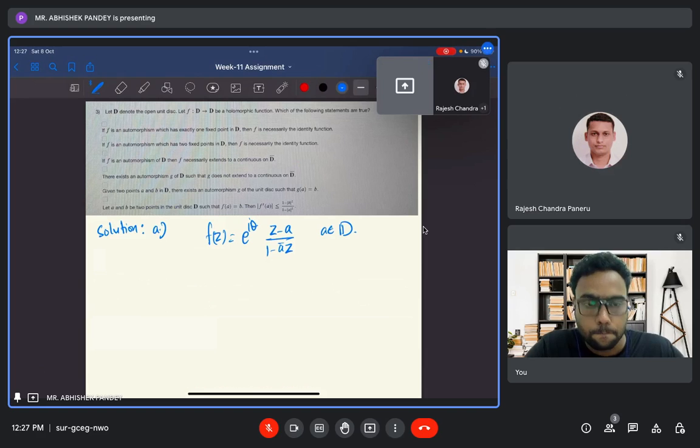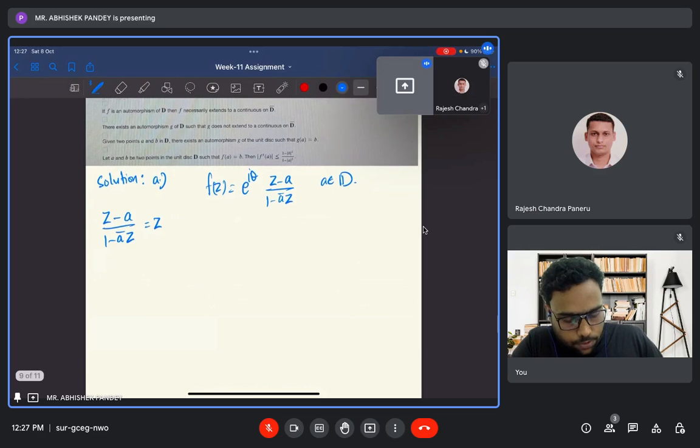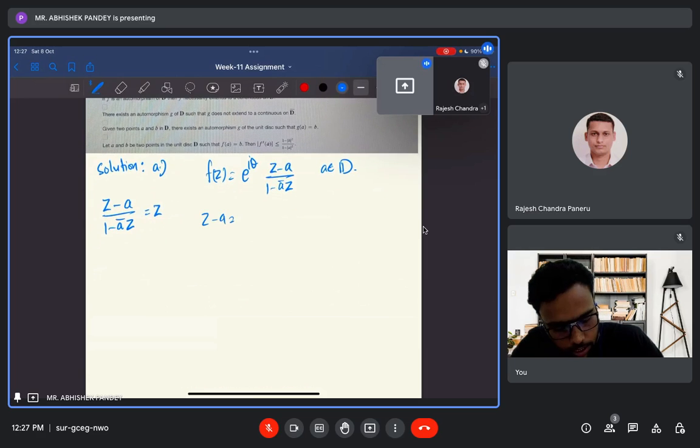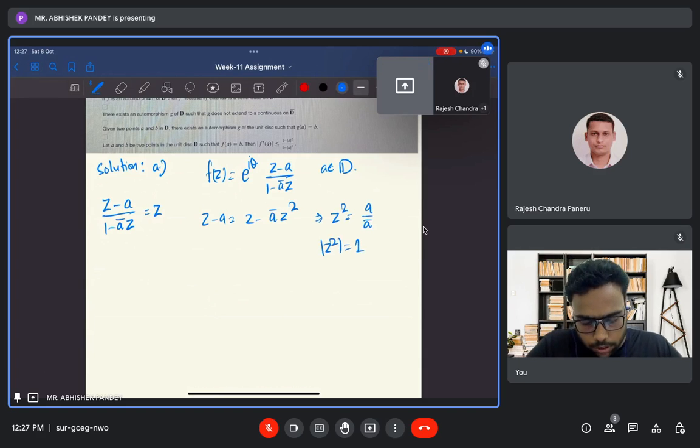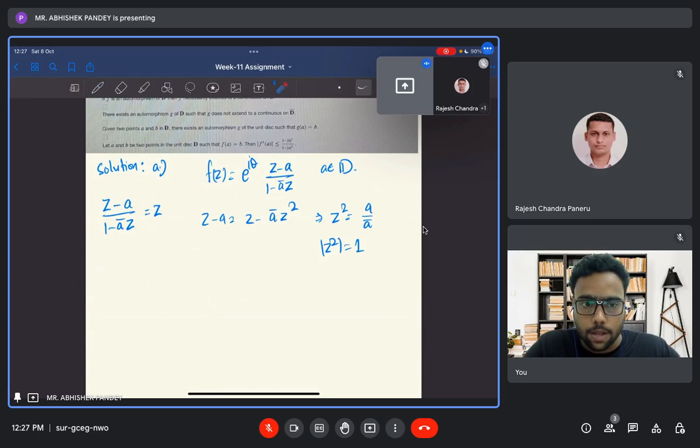So what you need to do now is look at this one. It is z minus a over 1 minus a bar z squared, and this is basically equal to z squared is a over a bar. So the modulus of z squared is 1, and this does not have any fixed point in the unit disk. Just keep this in mind.